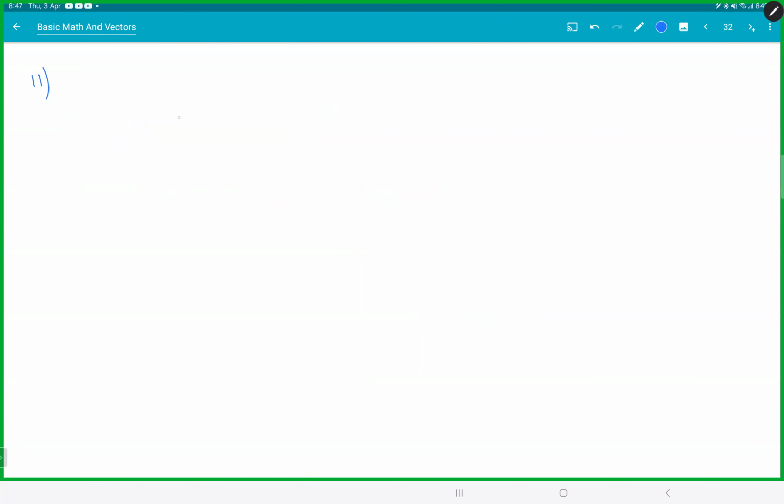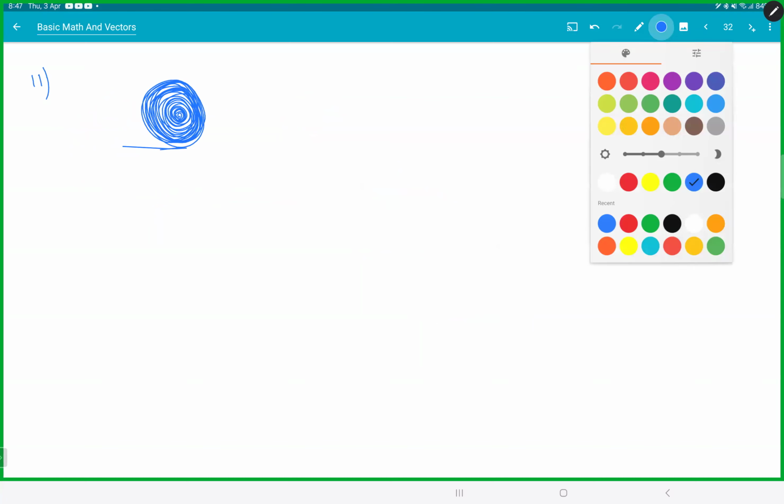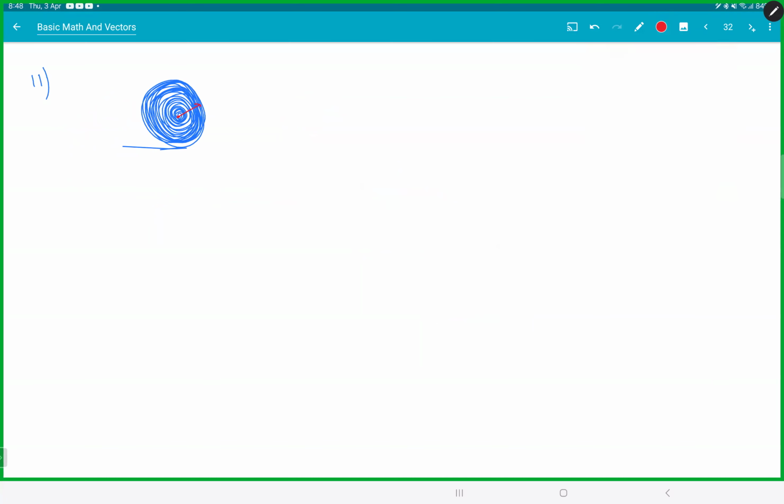We have a carpet. Just ignore my diagram. So we got a big carpet like this of radius r. We have a cylindrical carpet.